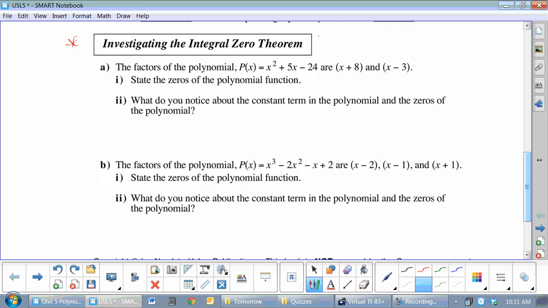Okay? Now, if I was to factor this equation, I would come up with the factors x plus 8, x minus 3. Okay? Now, what kind of generalization can we make?